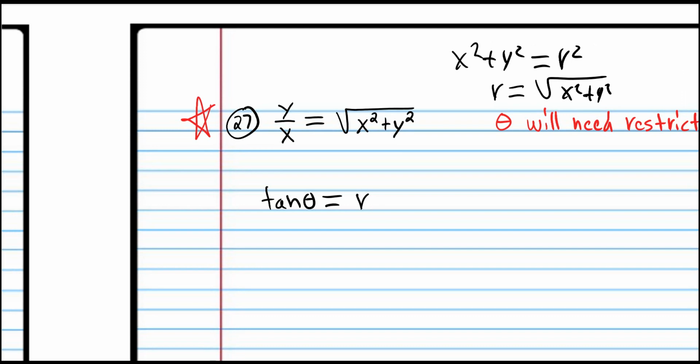But r can be plus or minus, positive or negative. Turns out tangent theta can be positive or negative. But in this equation, if x is positive and y is negative, that means this side of the equation is going to be negative.